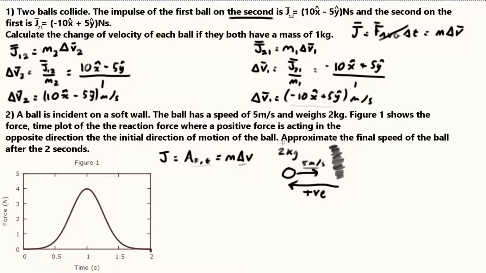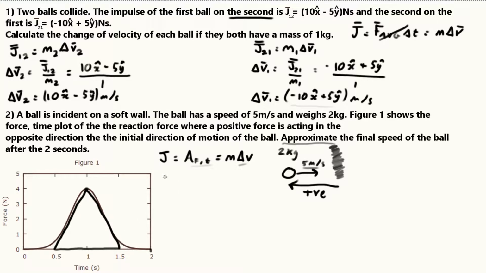As you can see, we only need to approximate the final speed, which means we only need to approximate the area. I think the best way to do this is to assume that this nice curve that we have is approximately a triangle that looks something like this.